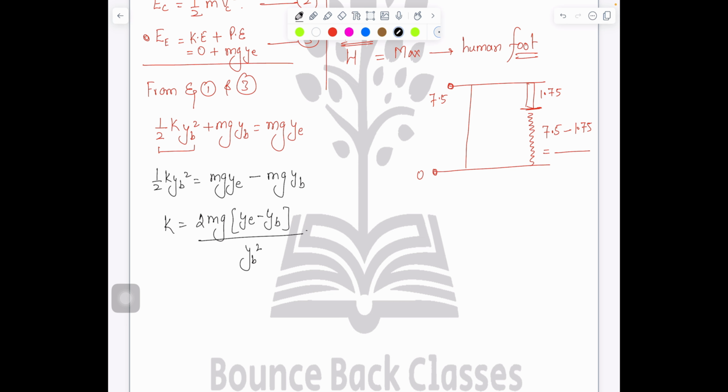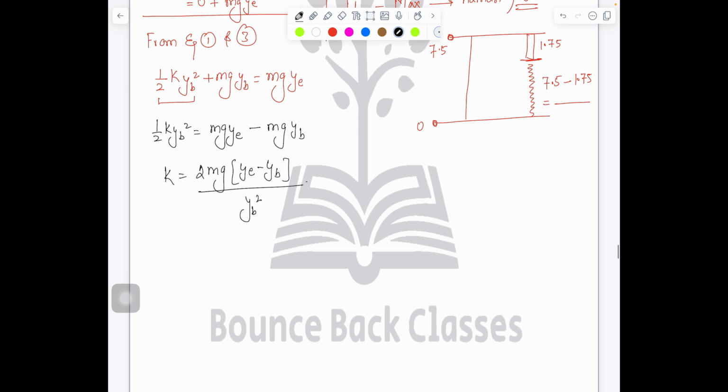Fine. Can I place all the values? Now just check what their values are. What is ye? I told you what ye is. So ye is 7.5 minus 1.75. Fine. What is your yb?